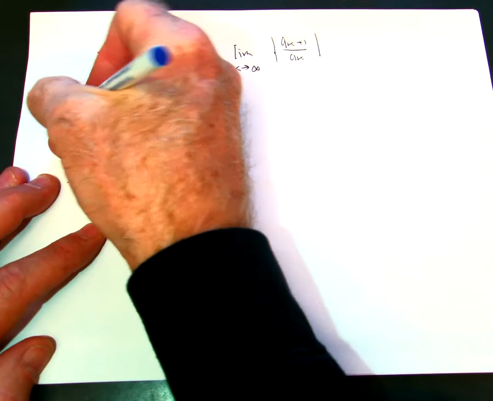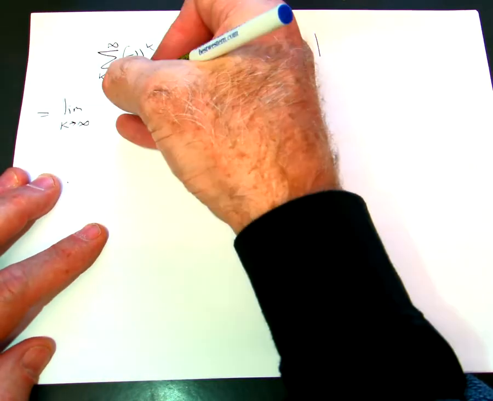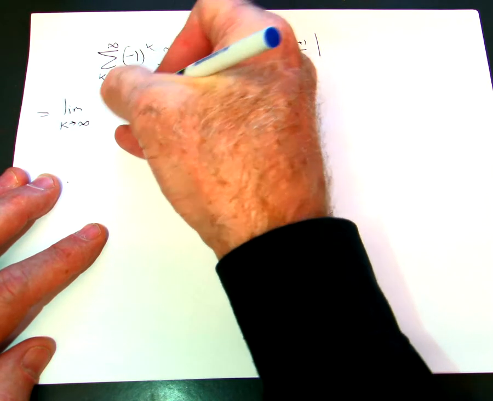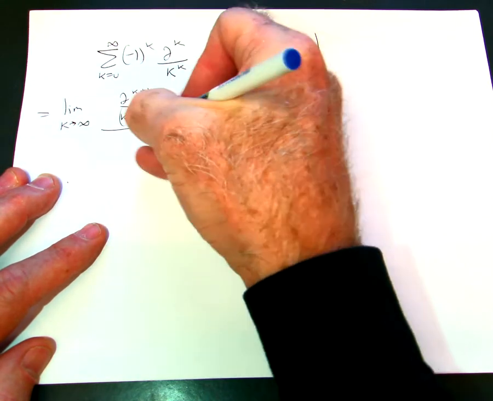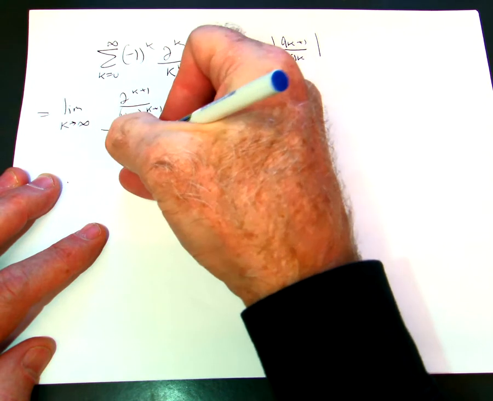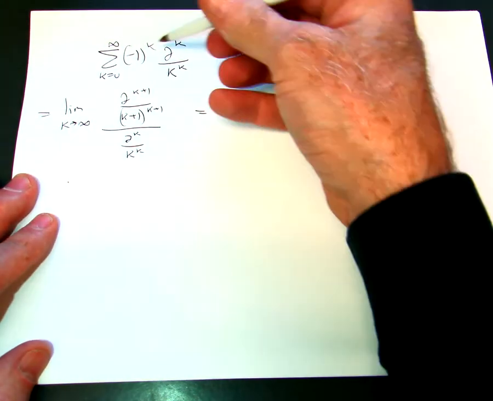Well, that's going to be this limit. Again, since it's absolute, I get rid of the minus 1. I have 2(k+1), (k+1) to the (k+1), over 2k, k to the k. Again, the absolute value took care of the minus 1.